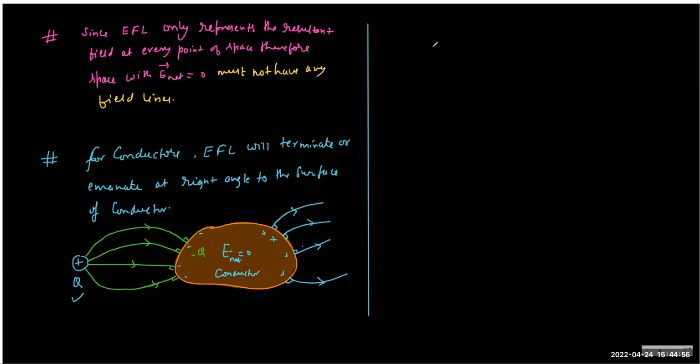All right, so let's say we have some random shaped conductor, and there is a cavity present within the conductor.